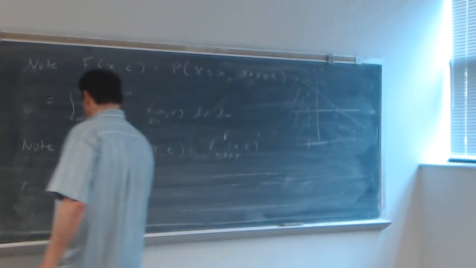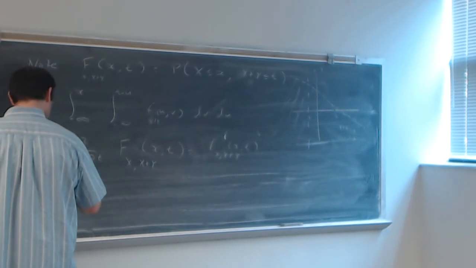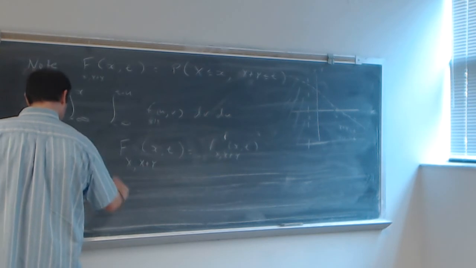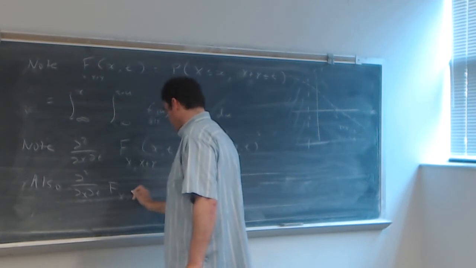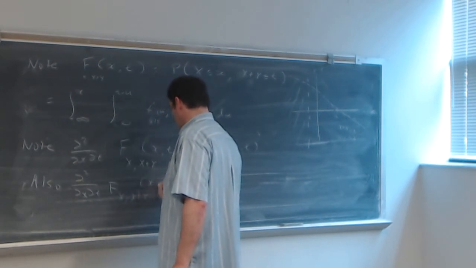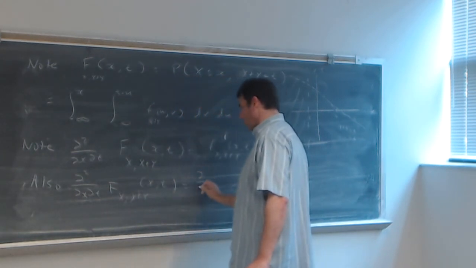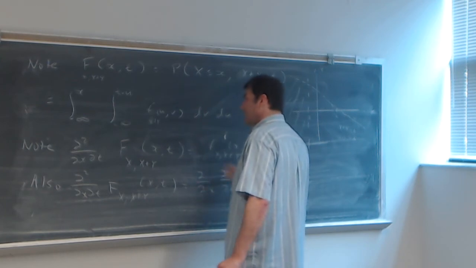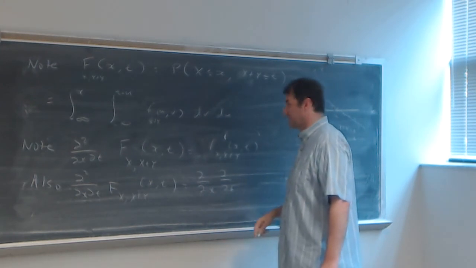Now, also, if we take a look at these partial derivatives, this is one way of looking at the partial derivatives of the joint CDF. But another way is to say, well, it's the partial derivative of x, partial derivative of t of this quantity, because that's what this joint CDF is.